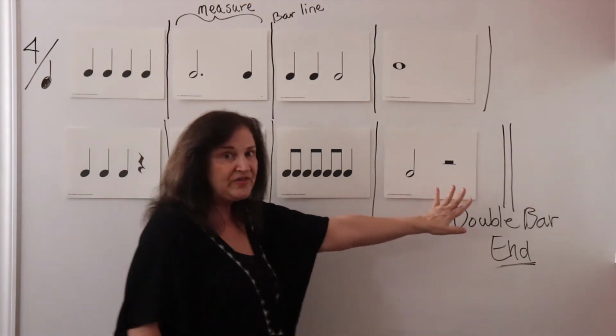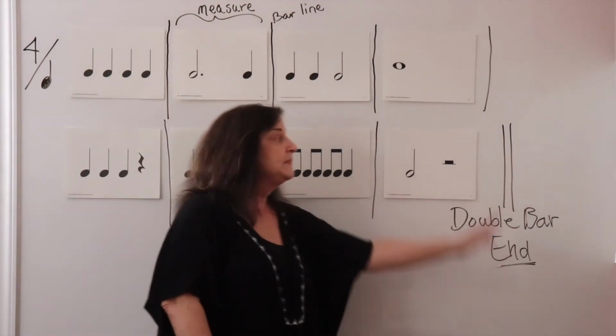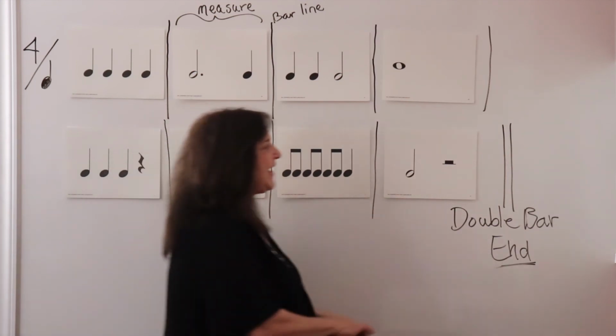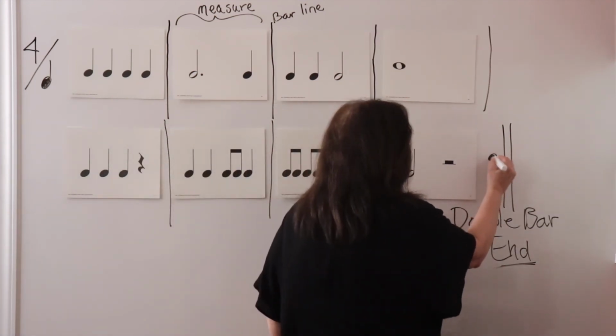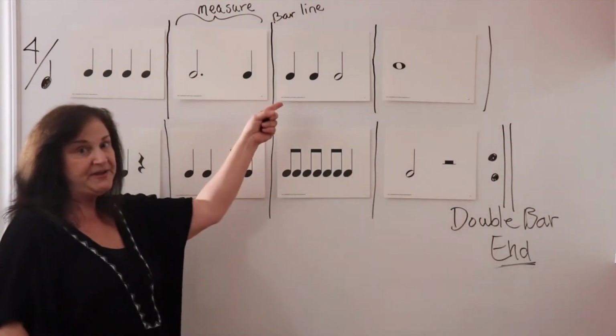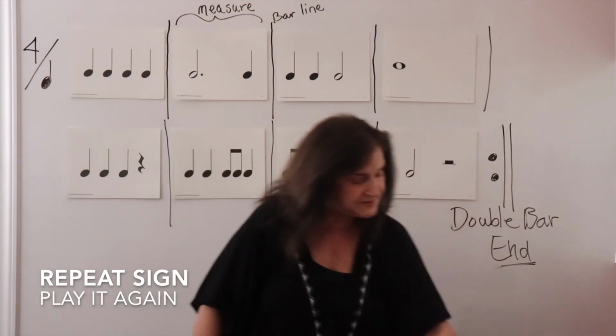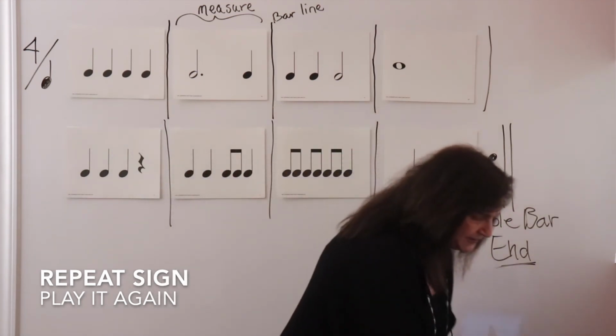And then we know that this is the end of a song because of the double bar. In addition to the double bar, we can add 2 dots right here. And that simply means to repeat. So the double bar line with 2 dots means repeat.